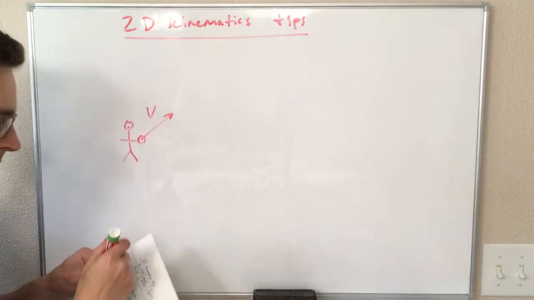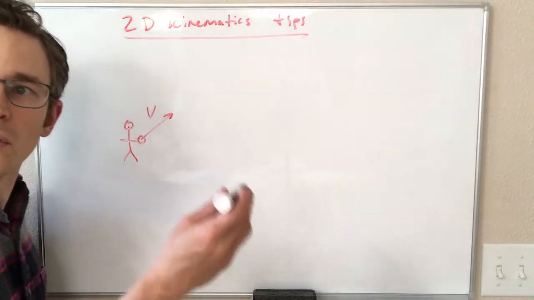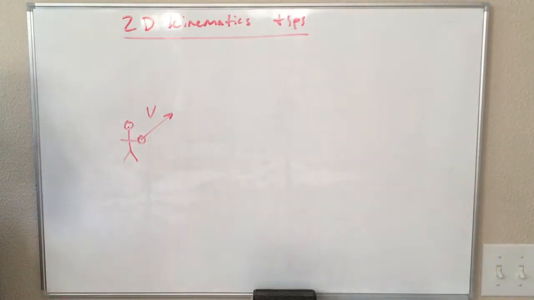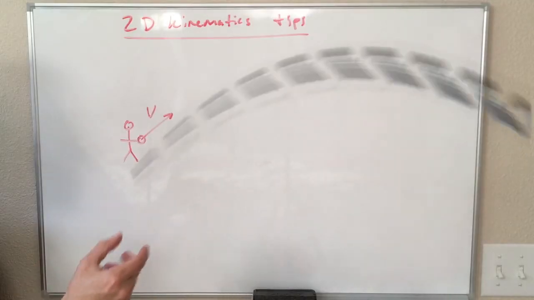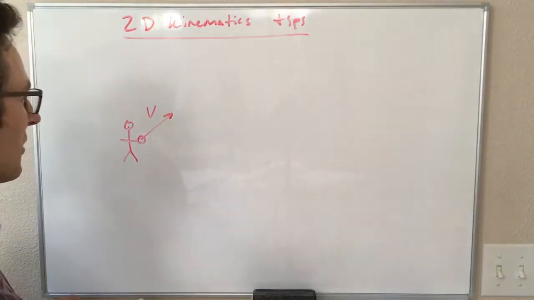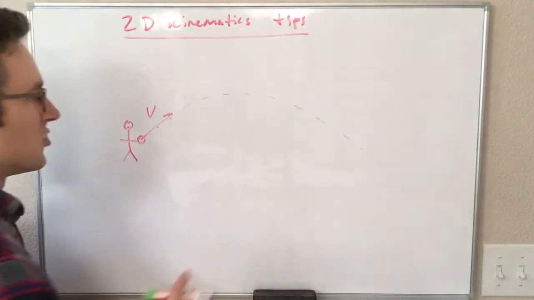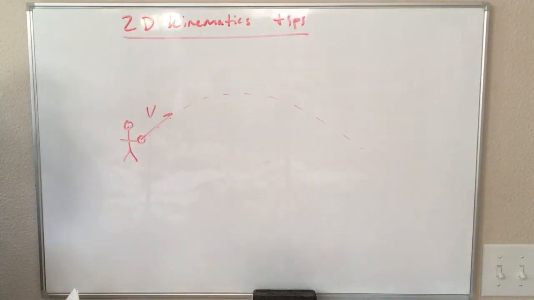We know in our everyday experience what path this is going to take. This is going to follow an arcing path, some path that generally looks kind of like that.